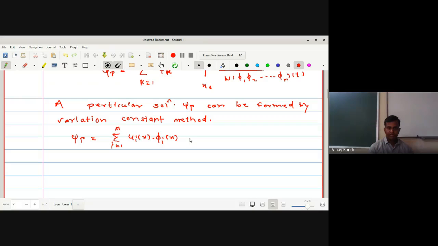Which is equal to what? u1 phi 1 plus u2 phi 2 plus up to un phi n. We consider the psi p.